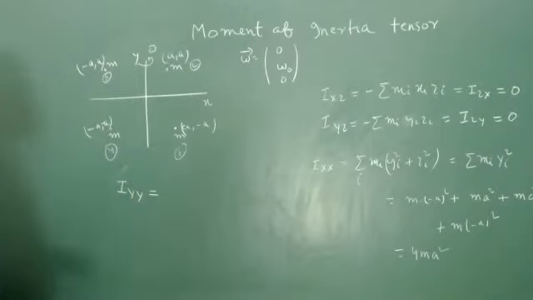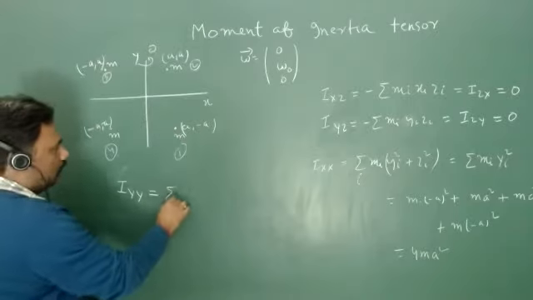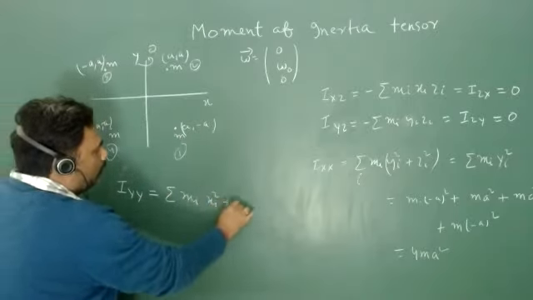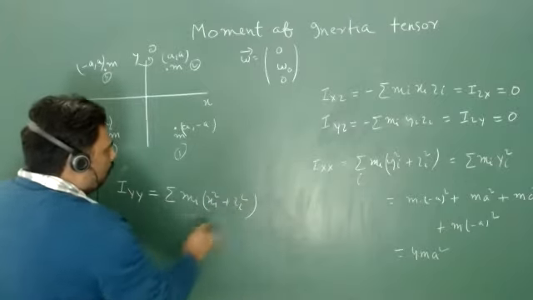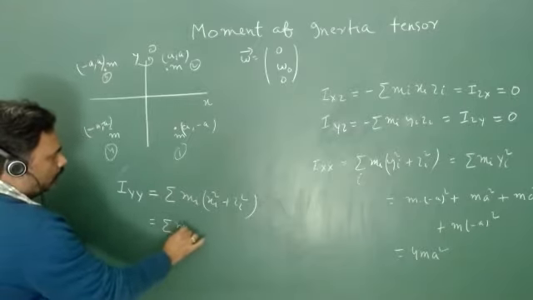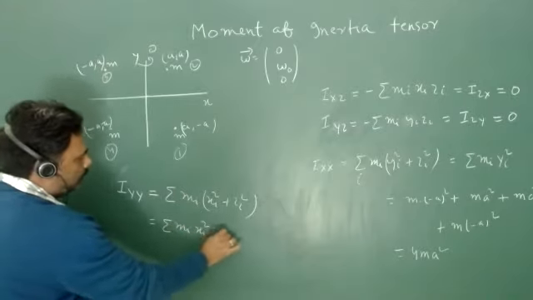If we are talking about Iyy, then what is this particular thing? You can just go for summation over mi (xi square plus zi square), and again zi square is 0. So we have summation over mi xi square.